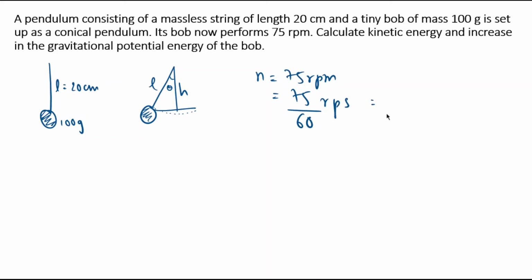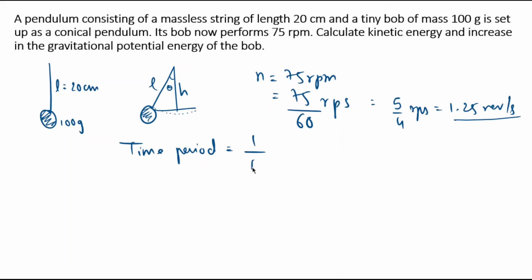This will be nothing but 5 by 4 rps, or you can write it as 1.25 revolution per second, anything you want. Now we know the time period, that is the time taken for one revolution, is 1 upon frequency. So time period T can be written as 1 by n, which will be 1 upon 5 by 4, that is 4 by 5 seconds.